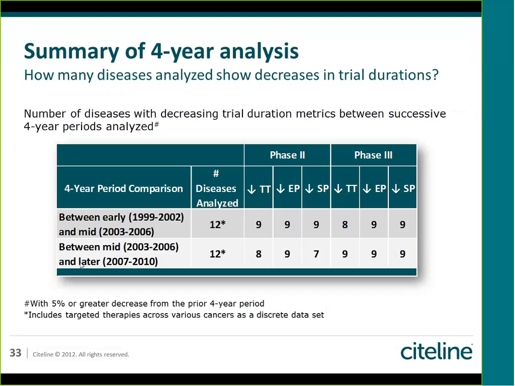And what emerges from this time period analysis with regard to durations is really quite similar to what emerged earlier from the analysis of the continuous data across the start dates. And that is that there was a preponderance of decreasing trends in trial durations. If you look at the number of diseases out of the total examined, well over 50%, really closer to 75% of the diseases show a decreasing trend in each of these 3 trial metrics: total trial duration, enrollment period, and study period.